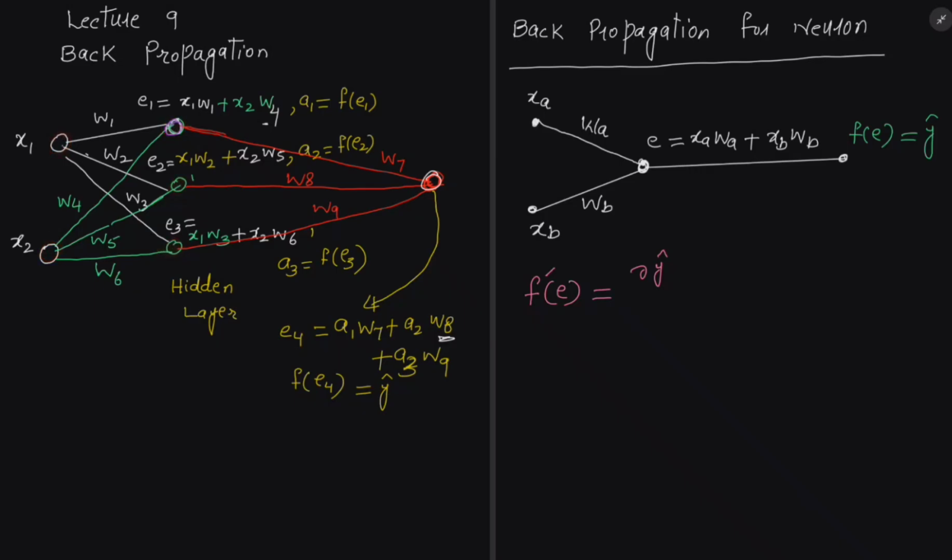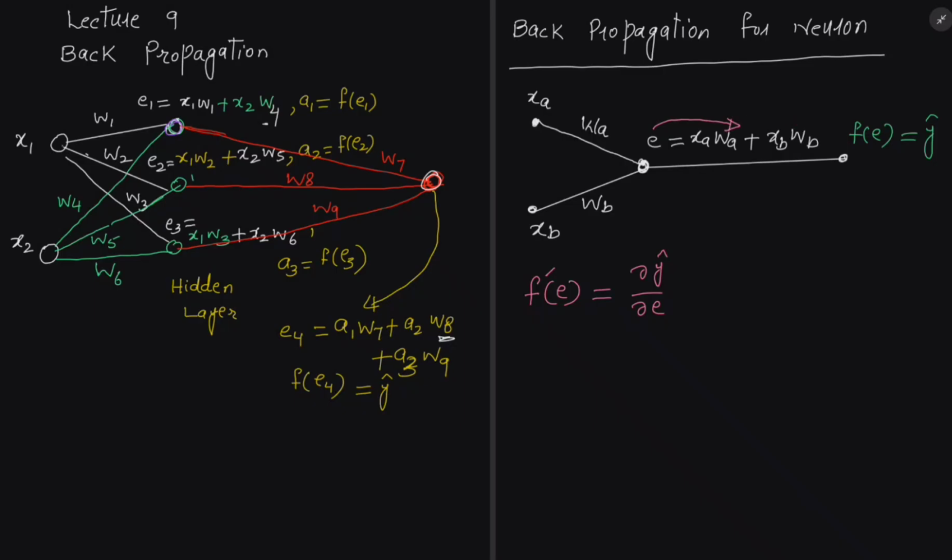So partial y hat by partial E, that's how we define f dash. Why do we want to take a derivative of y hat with respect to E? The reason is E is the linear combination of XA, XB, and WA and WB, and E contains our target, which is WA and WB.